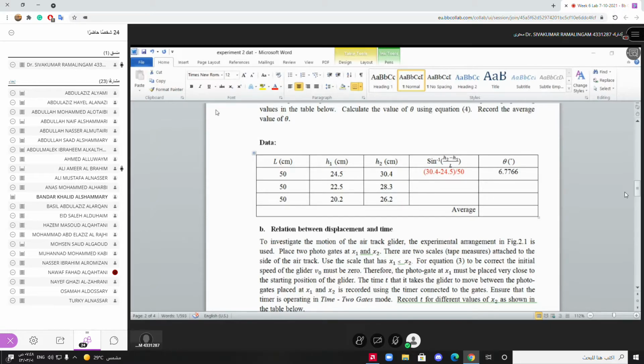Yes. So we write them both the same numbers. Yes.